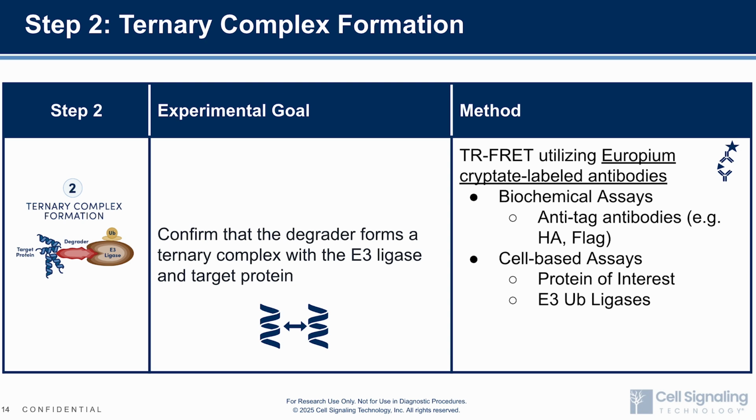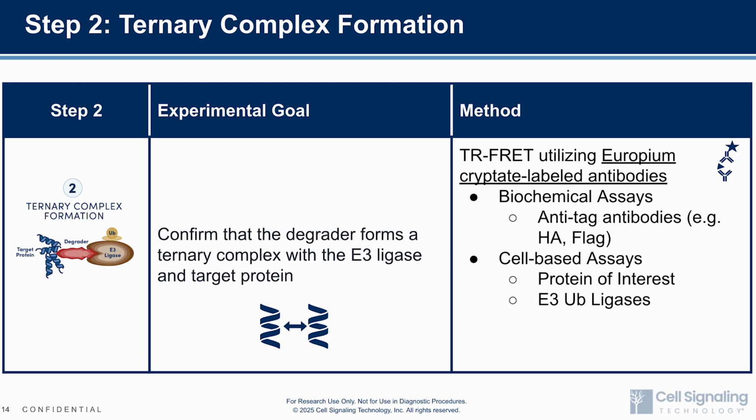This can enable biochemical assays where you recombinantly express, say, your targeted protein of interest with a flag tag, and recombinantly express your E3 ligase with an HA tag. Then you can mix those together and try a number of different degrader designs to see which ones form the best ternary complex.